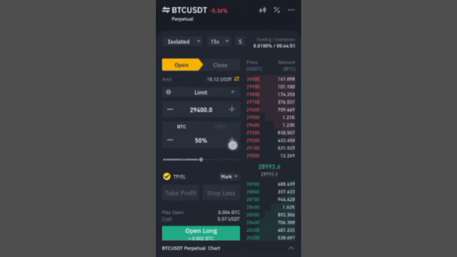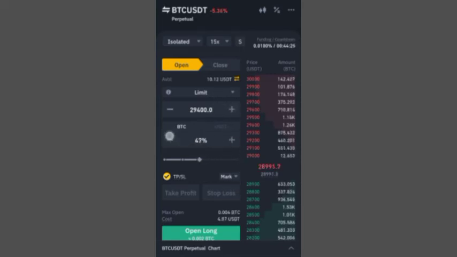Now, if I want to enter a trade without a liquidation price, I don't enter a trade with above 30% of my account balance. Here I have 10.12 USDT. So all I need to enter this market is 3 USDT. 50% of this is 5.